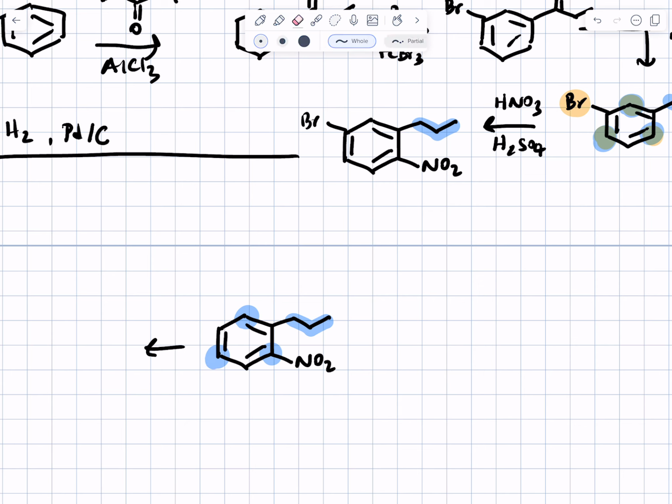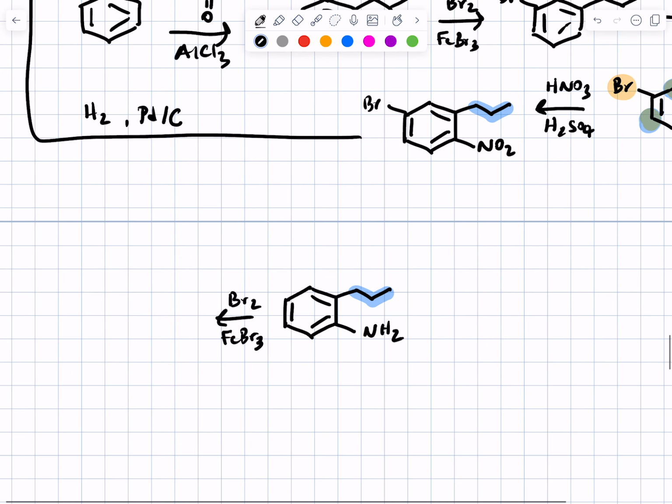Okay, yeah, so you're proposing before we put the bromo on, let's go alkyl, then nitro, then aniline, then Br2. And there, the strongest donor wins.